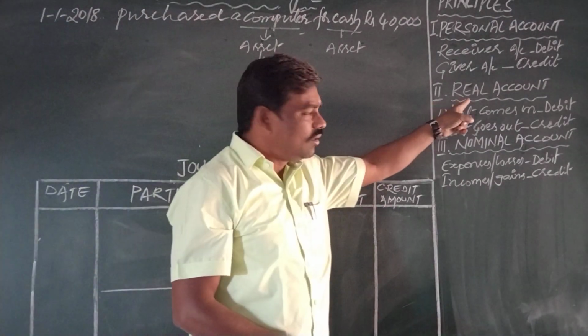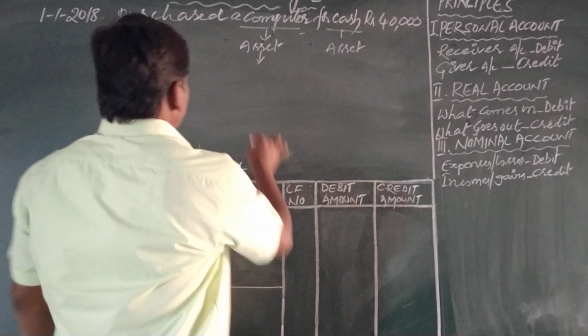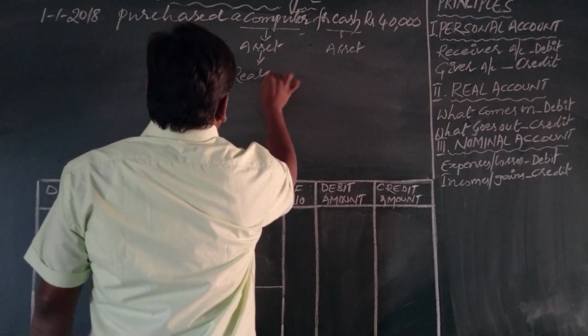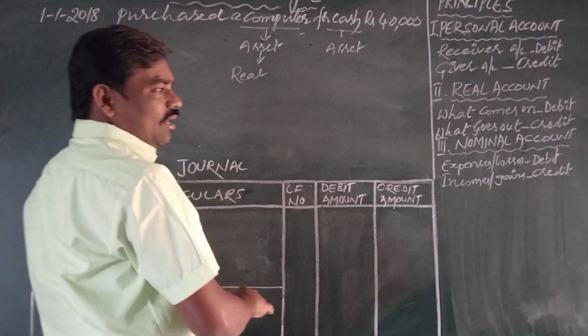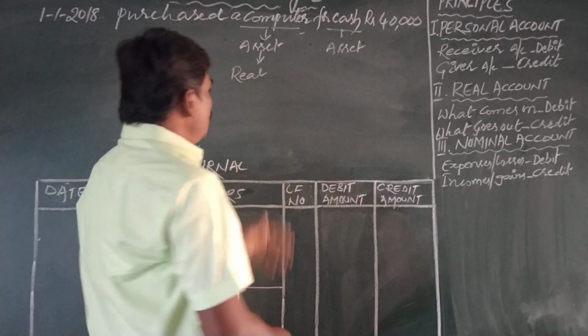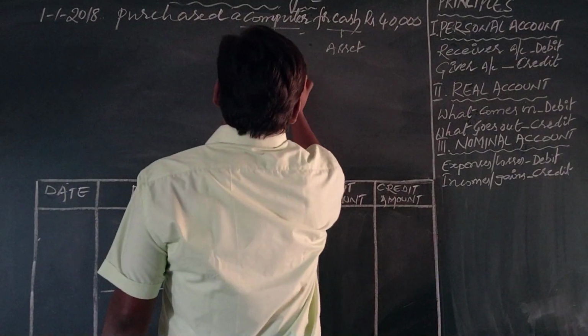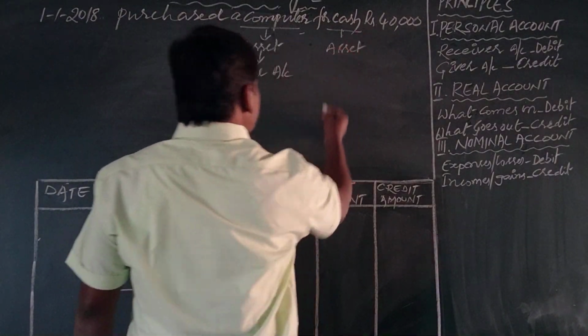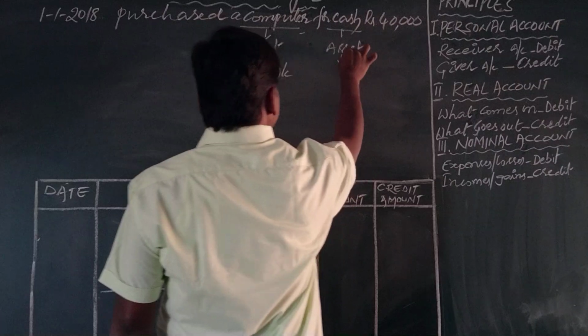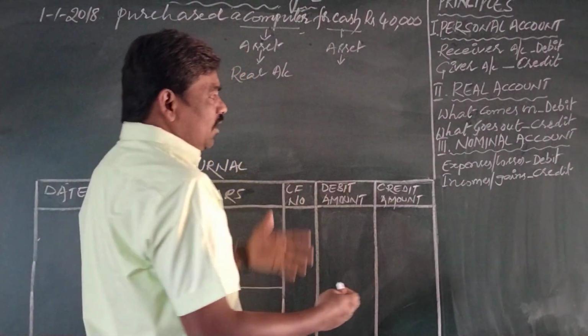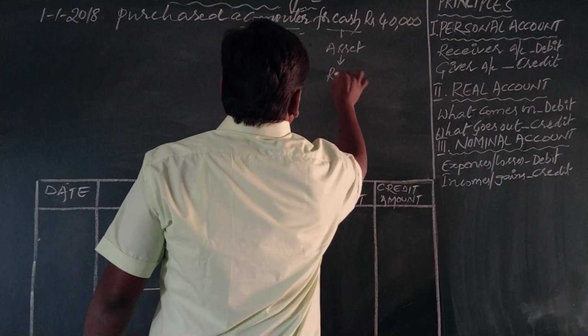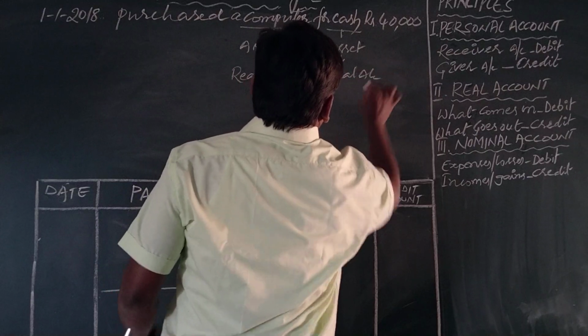Asset comes under real account. Cash is also an asset, and all assets come under real account. So it is a real account.